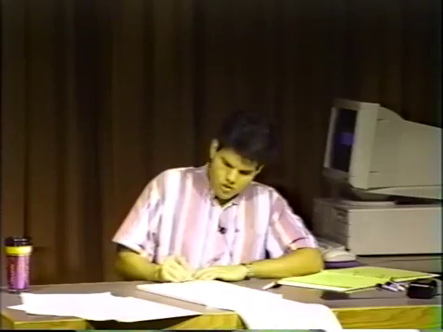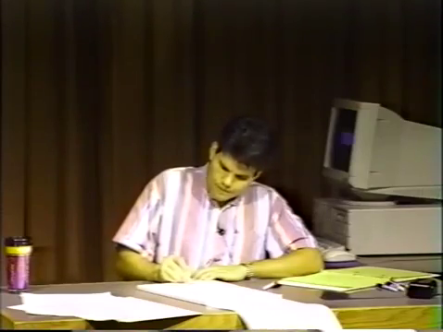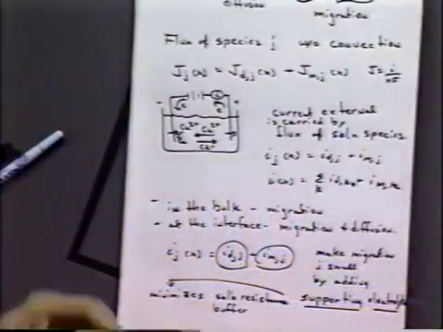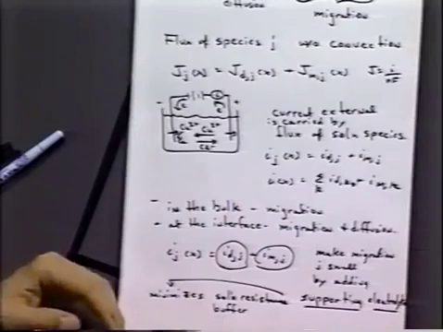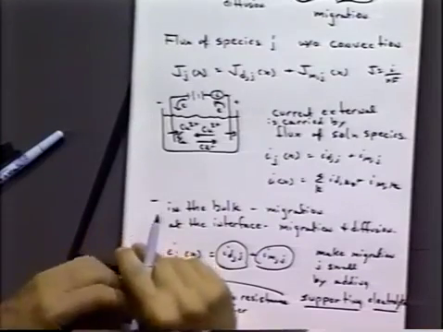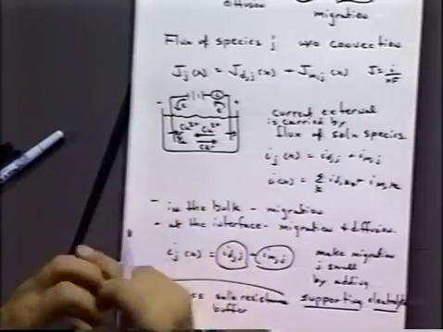We can make that smaller by having a large excess of supporting electrolyte. It also can act as a buffer in the traditional sense of keeping a pH constant, but it can also act as a buffer to keep the activity of species j basically constant. By keeping a high concentration of ions in solution, the activity of species j cannot vary very much, and that's important so that we can get good results a lot of times.